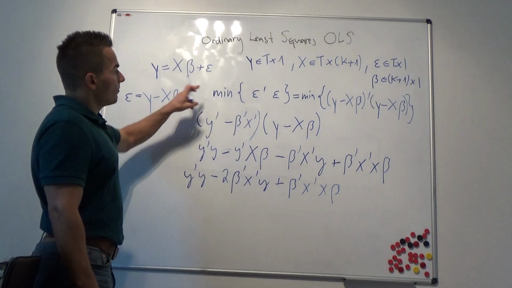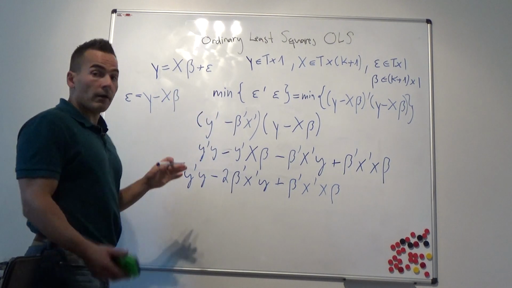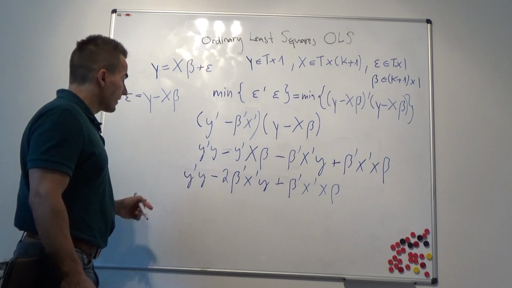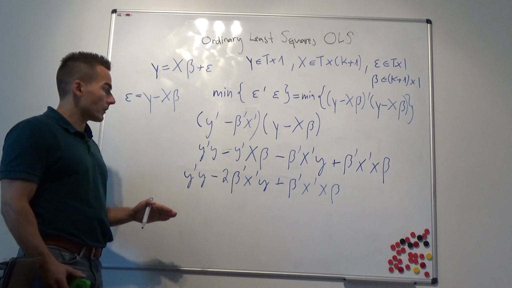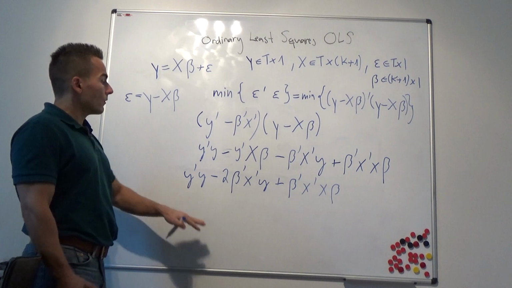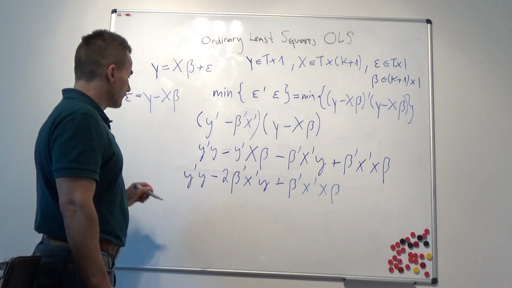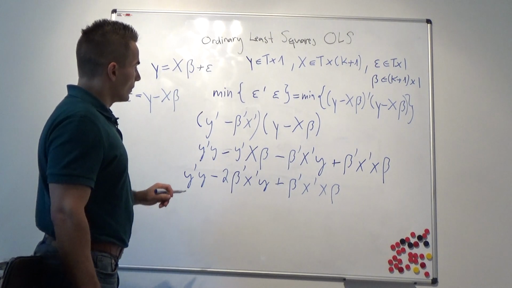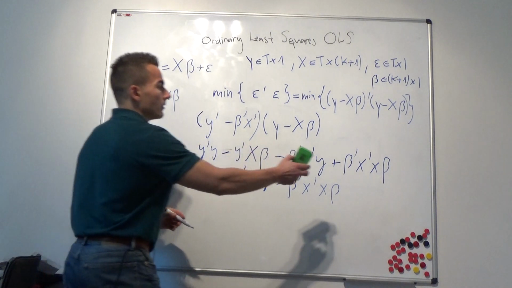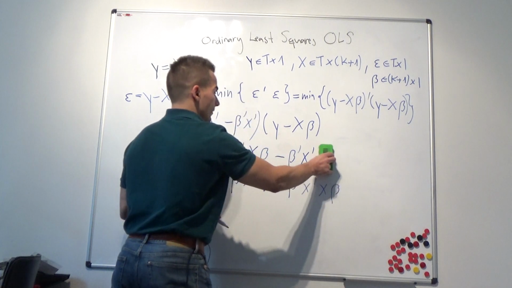And because we have to minimize this expression here, what we have to do now is take the derivative with respect to beta. So let's now move this up again. Let's take this away.